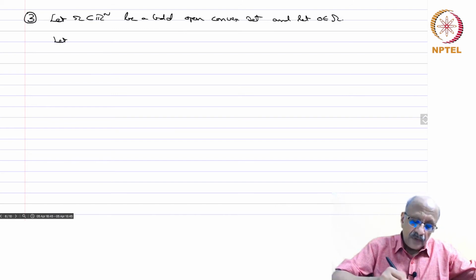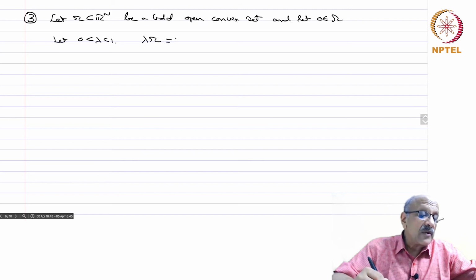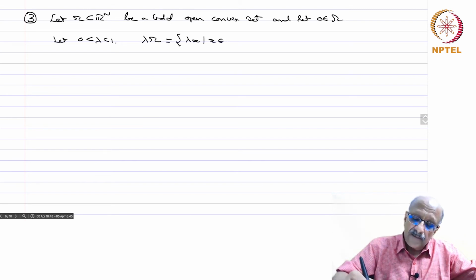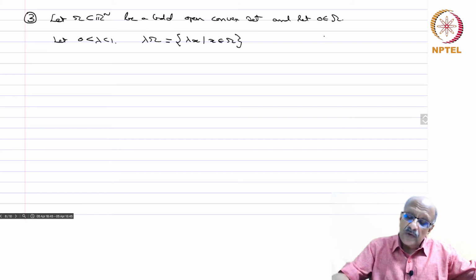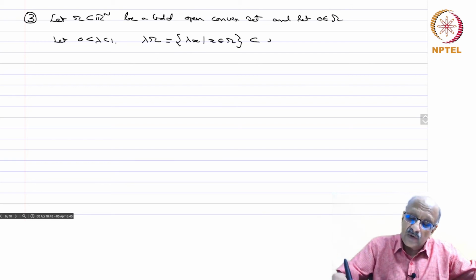Let 0 < lambda < 1, then define lambda omega equals the set of all lambda x, x in omega. So 0 is in omega and any x in omega, so lambda x for all 0 < lambda < 1 will be in omega itself, so this is contained in omega.